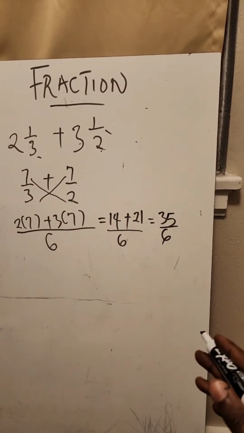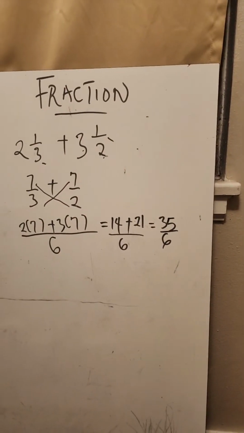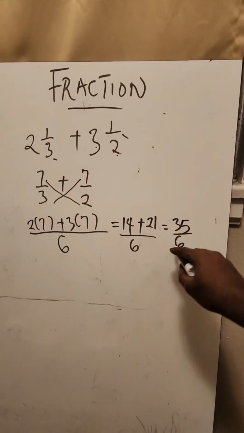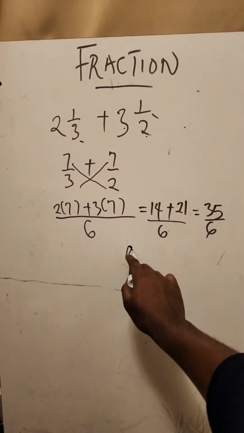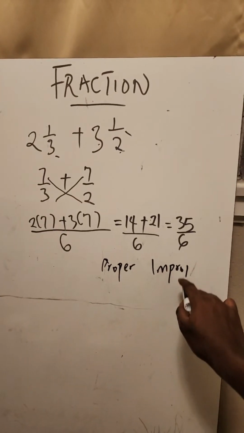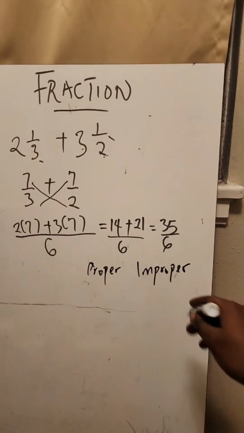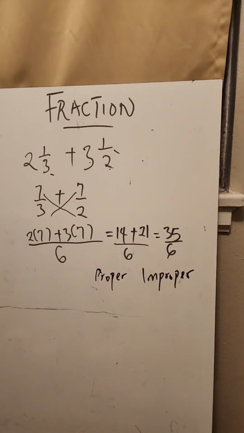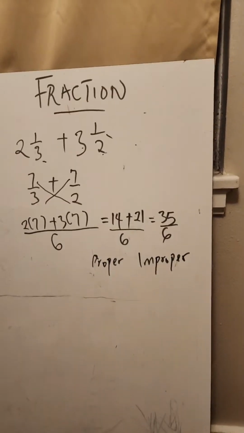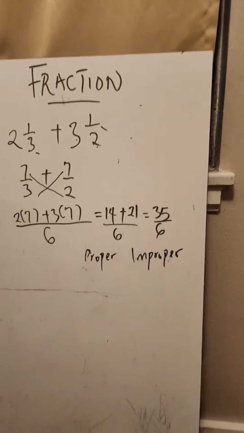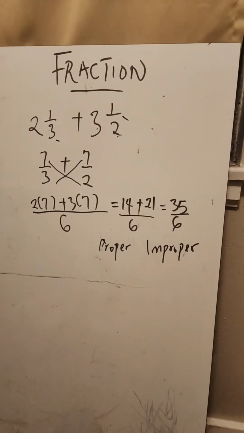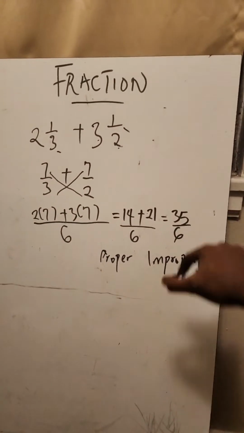Now, in the comment section, can you tell me, is 35 over 6 a proper fraction or improper fraction, please? I'm going to wait in the comment section. Which of the two? Let me know.